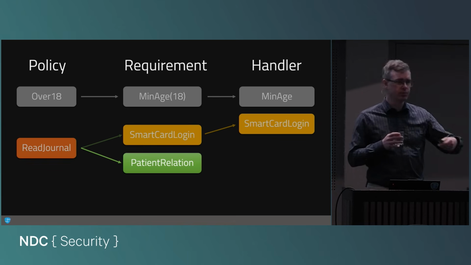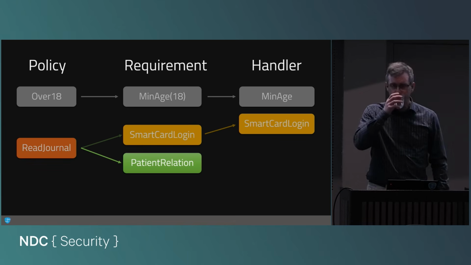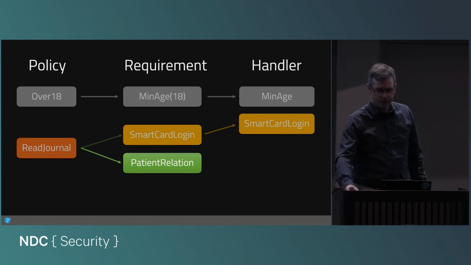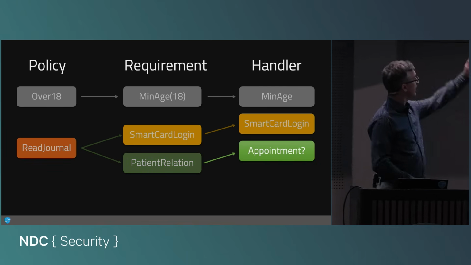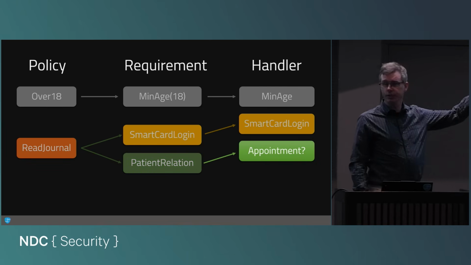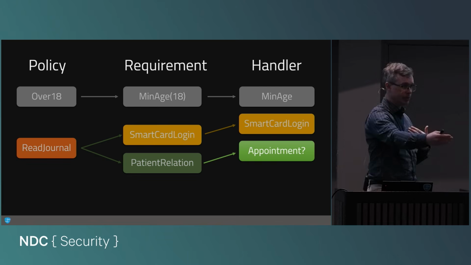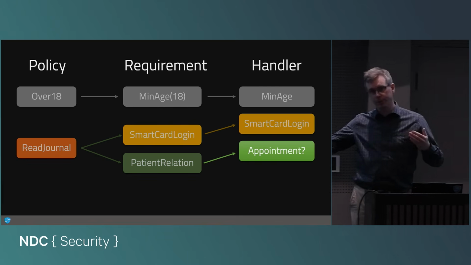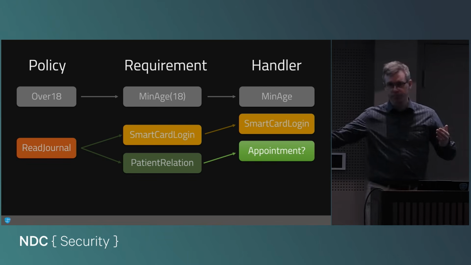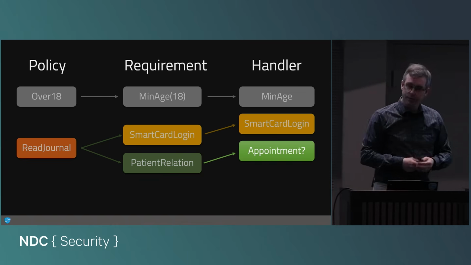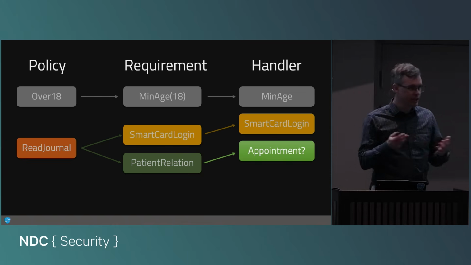You can't just go and read anyone's medical records. You need to have a reason. We could implement that with a handler that checks our calendar. Wouldn't that be clever? If you have an upcoming appointment, or you had an appointment in the recent past with the patient, then of course you have a reason to access the records.